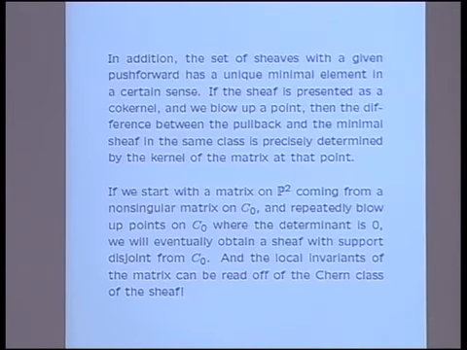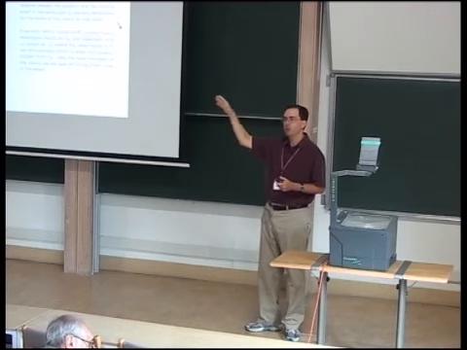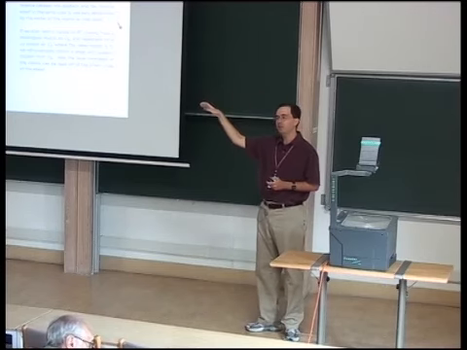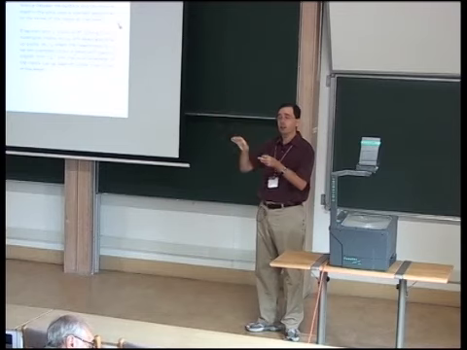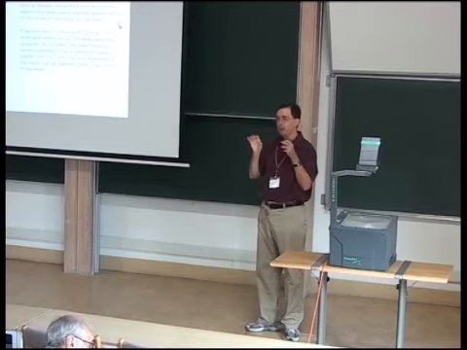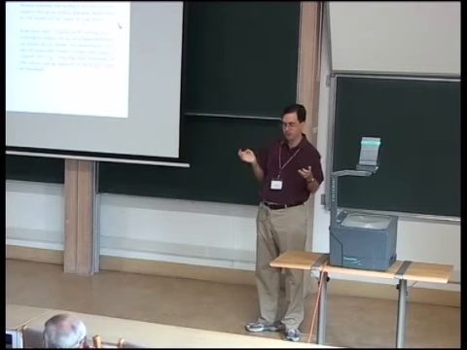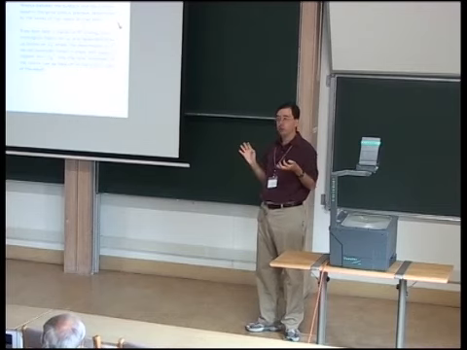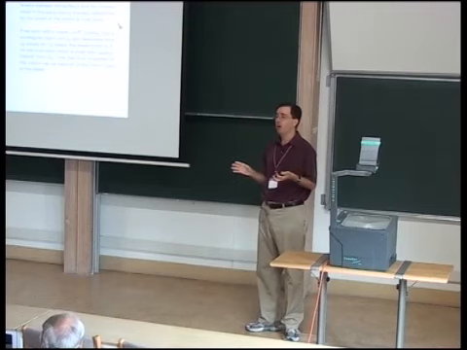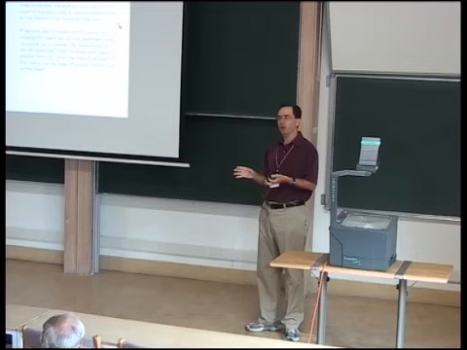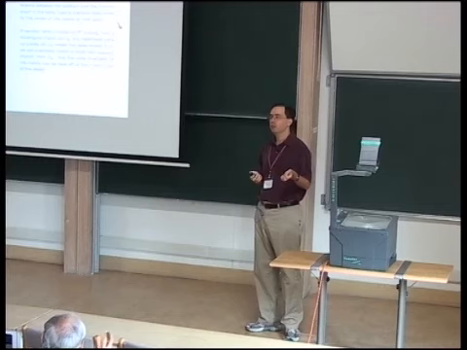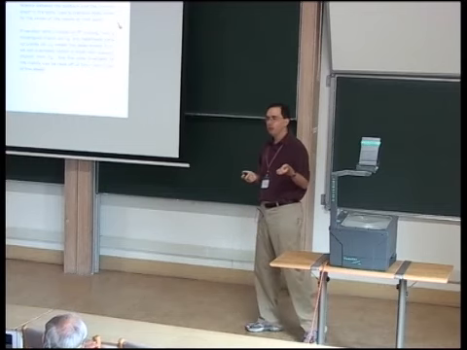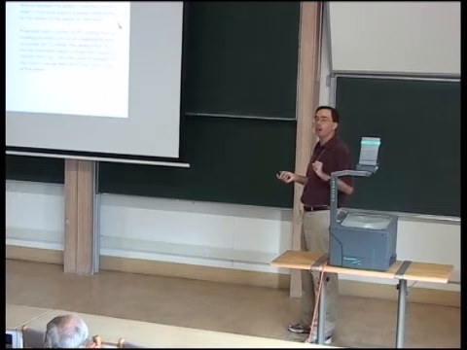There's a subsheaf or maybe a quotient, I forget which, but there's a piece of your sheaf which is supported just on the exceptional line, and it turns out to be essentially just a vector bundle on that exceptional line, and the rank of that vector bundle is the dimension of the kernel of your matrix at that point. And it turns out to get the minimal thing, you're supposed to remove that piece.